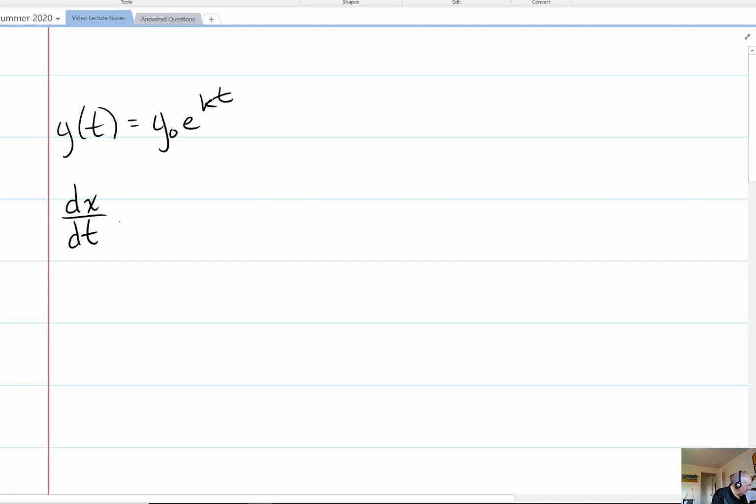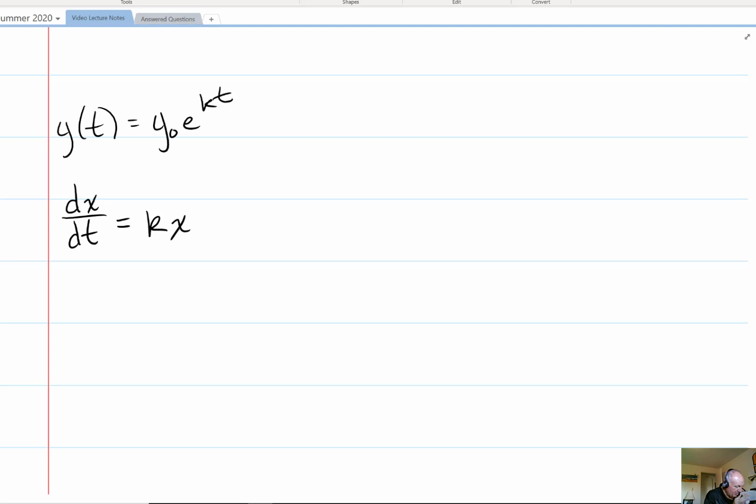dx/dt equals k times x. So we're saying, if x is the population size, whether it's the population of a city, a country, or the population of our bank account, money, then dx/dt is how the population is growing.